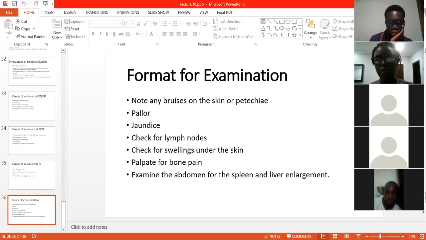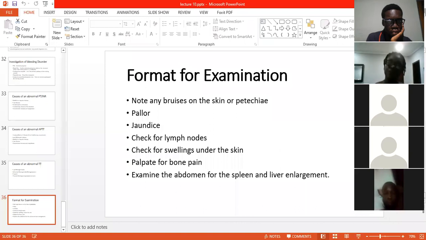Then it's also important for you to check for swelling under the skin, because sometimes lymphomas and leukemias can give you swelling. Then you palpate the bones to check if there is bone pain. And then you examine the abdomen for the liver and the spleen.